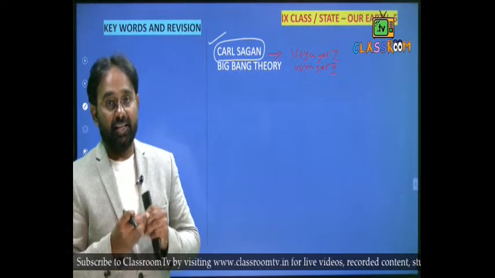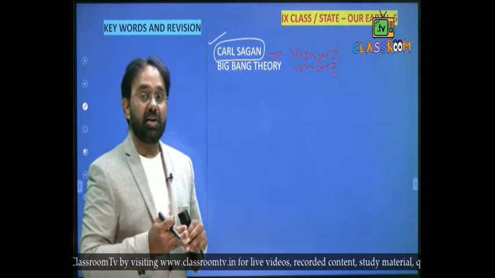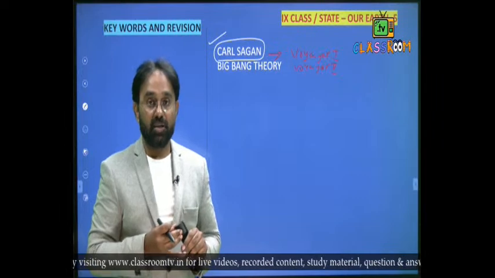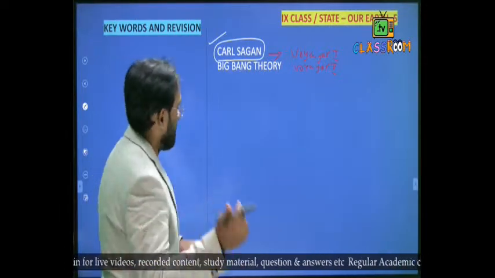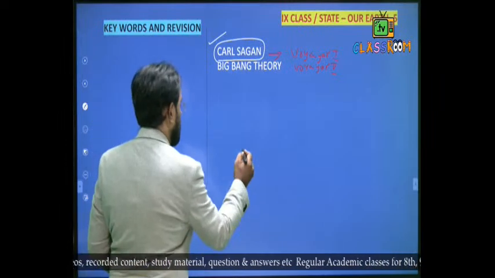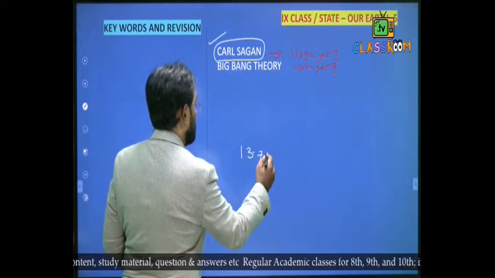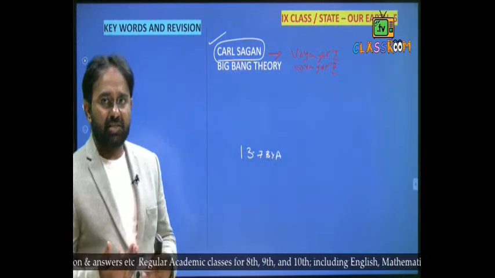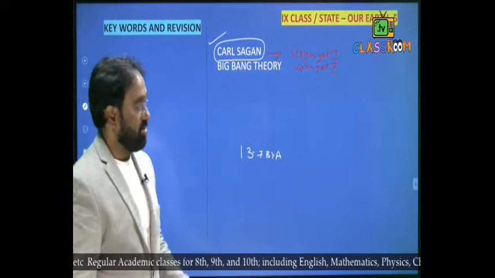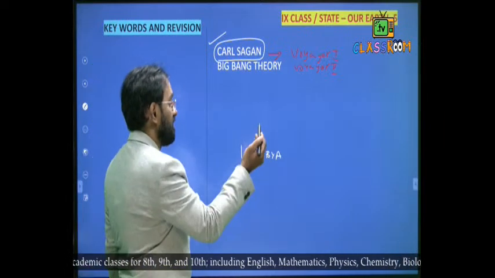In a nutshell, around 3.7 billion years ago, all this important phenomenon of the evolution of the universe happened. That you have to remember: 3.7 billion years ago. Whatever we have discussed until now, I am just trying to brush up.